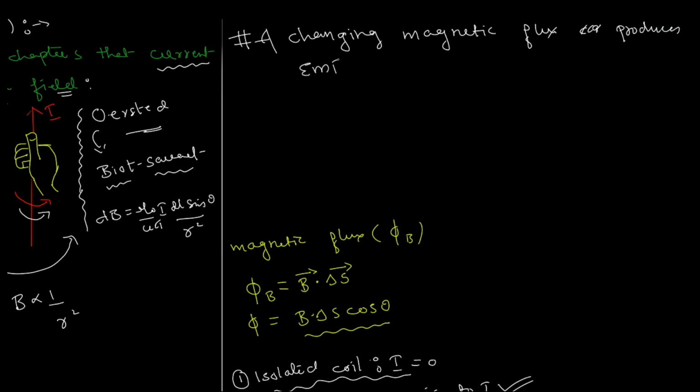Because obviously if you have current, there has to be EMF. There is no current without potential difference, right? So instead of just writing current, I can write EMF. So changing magnetic flux produces EMF.